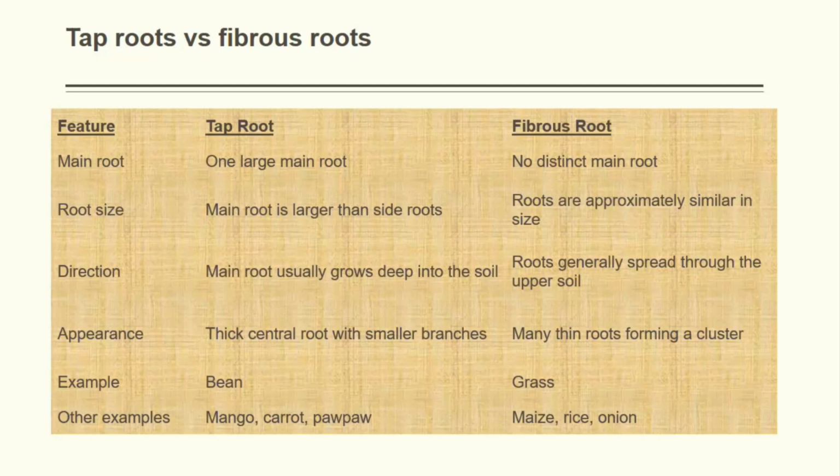Now let's look at direction. When it comes to the taproot, you realize that the main root grows deep into the soil. Did you see that? However, when you look at the fibrous roots, the roots are generally spread through the upper soil.